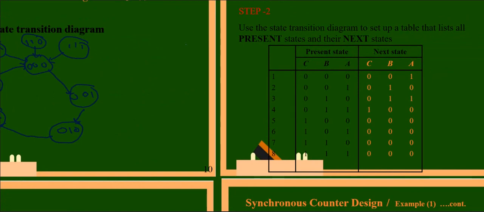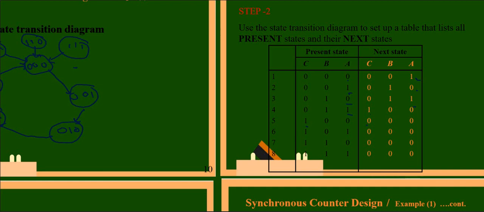In this table we can see that when 0 is the present state, it goes to 1. When it is 1, it goes to 2. When it is 2, it goes to 3. When it is 3, it goes to 4. When it is 4, it repeats to 0. For the next state of 5, 6 and 7, they all go to 0 because mod 5 only counts 0 to 4, and numbers after that don't matter.